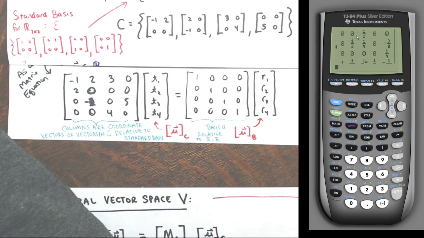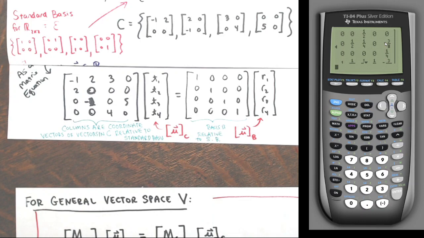All right, so my transition matrix, the first row is 0, 1/2, 0, 0, and I'll write them down.